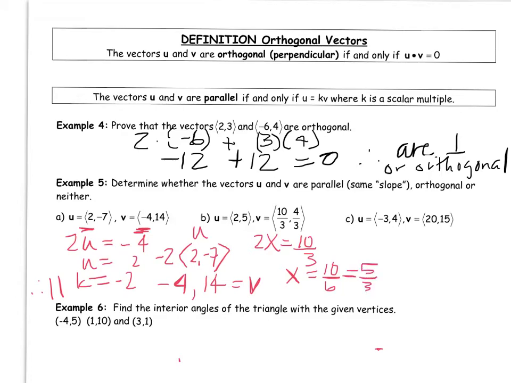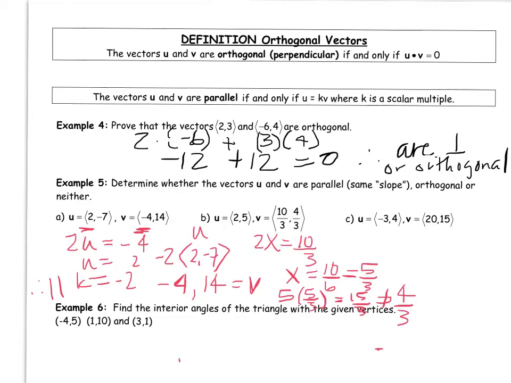Now let's multiply that number times my b component. 5 times 5/3 is going to be 25/3, which does not equal the b component of vector v. So they're definitely not parallel.